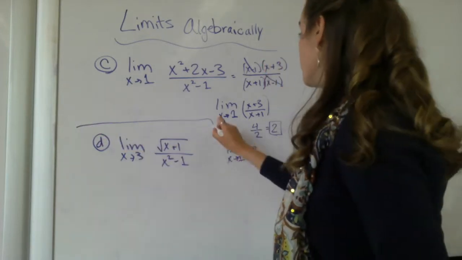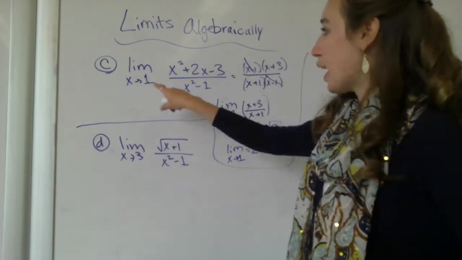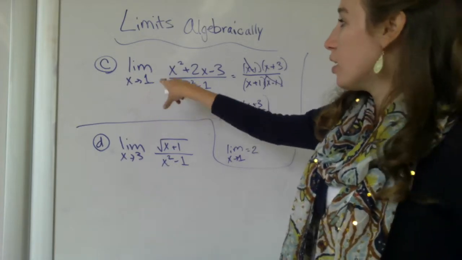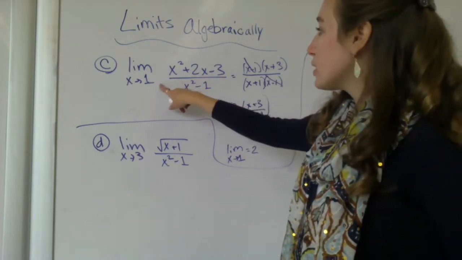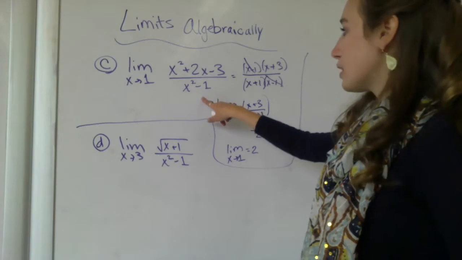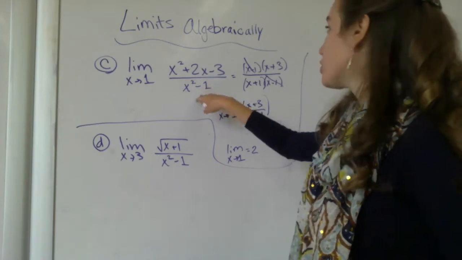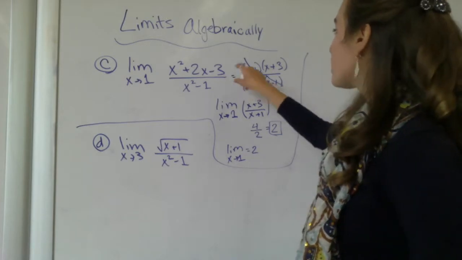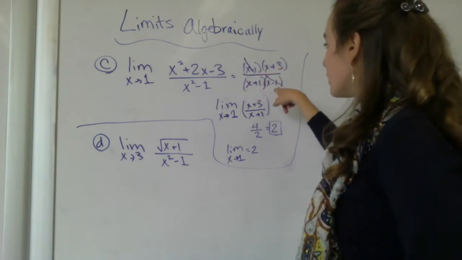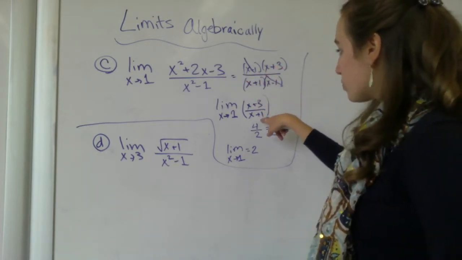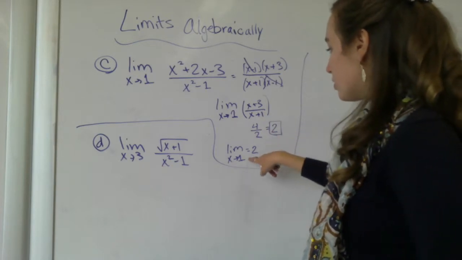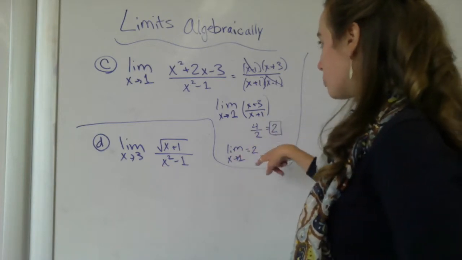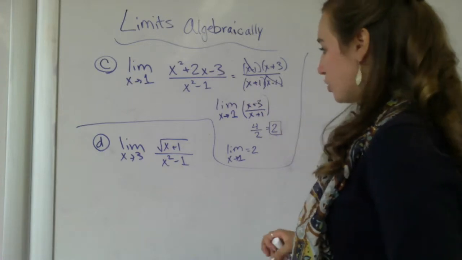This is all for C. So basically, just to recap, you're trying to find the limit as x approaches 1 of this equation. But if you plug this in, it will not get you the right answer, because you need to break it down first and pull out those things that are not necessary. So if you factor this out into these two, you can cancel out this, and you get x plus 3 over x plus 1, which gives you 2. So the limit as x approaches 1 of this whole equation equals 2.